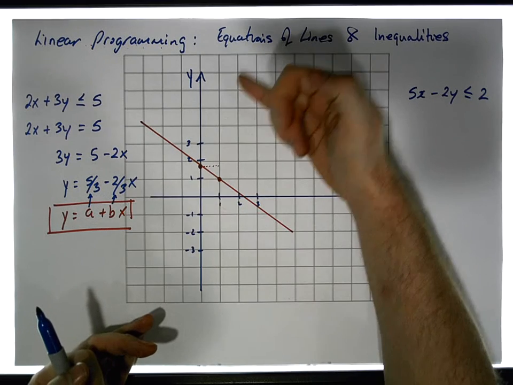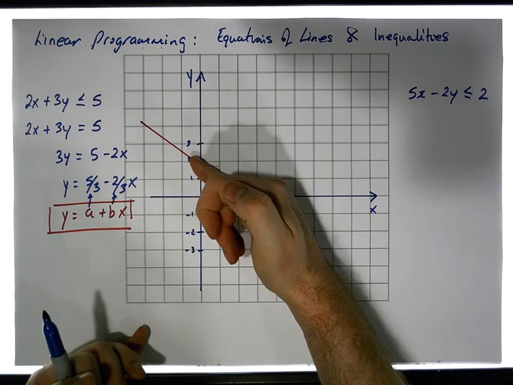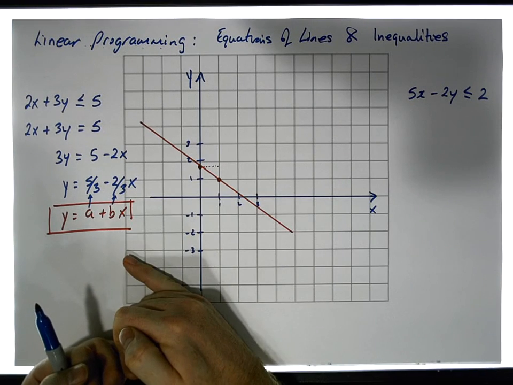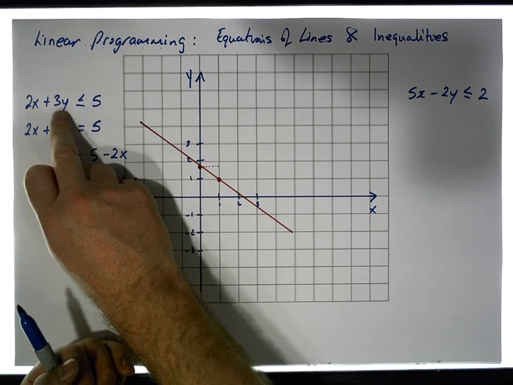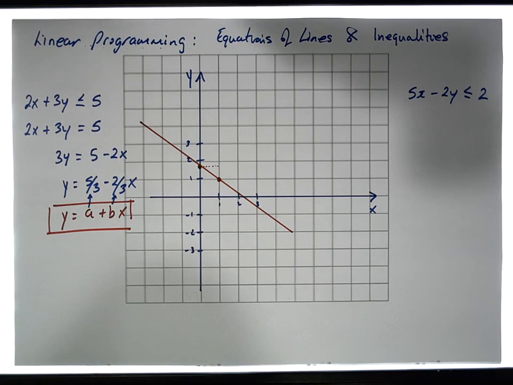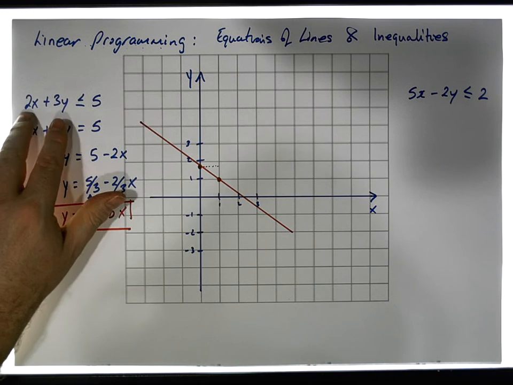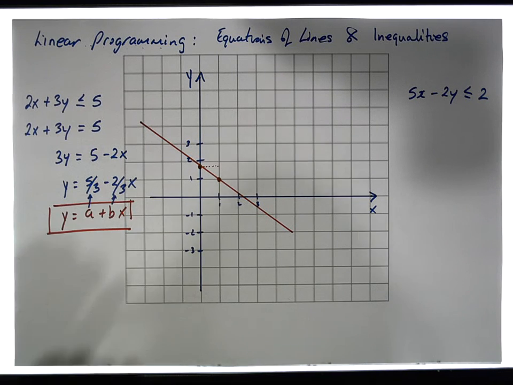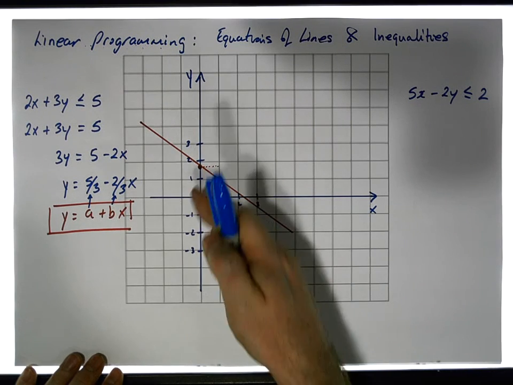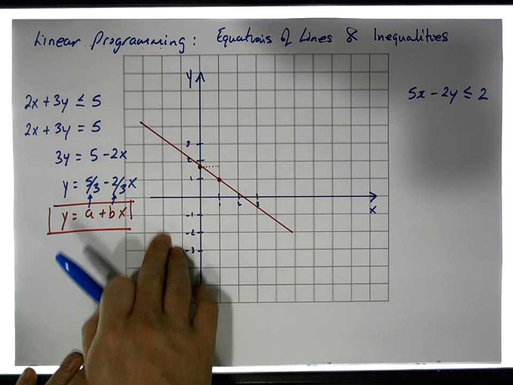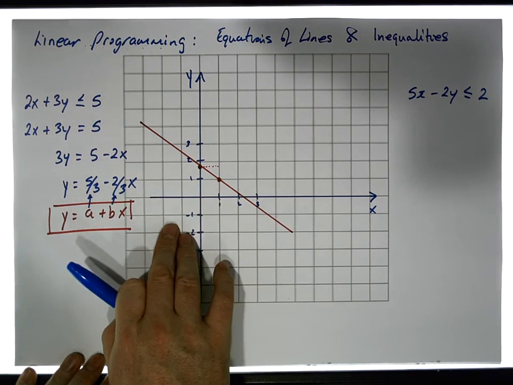We have the portion over this side and the portion over this side with respect to this red line, 2x plus 3y equals 5. We're interested in the portion of the plane where 2x plus 3y is less than or equal to 5. So let's pick a point that's far enough away from the line so that we know it is on the left hand side.